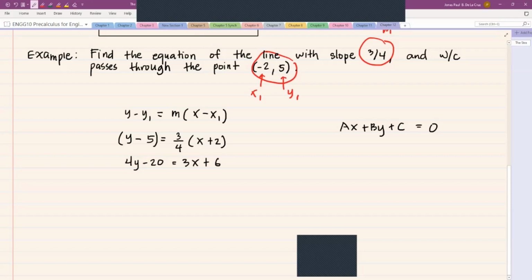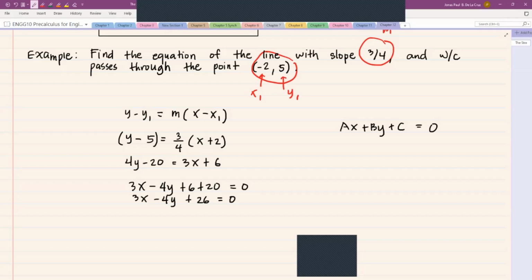And then, pwede na natin isulat as 3x minus 4y plus 6 plus 20 equals 0. And then, finally, 3x minus 4y plus 26 is equal to 0. So, yan na yung sagot natin. 3x minus 4y plus 26 is equal to 0. Yan na yung tinatanong na equation.